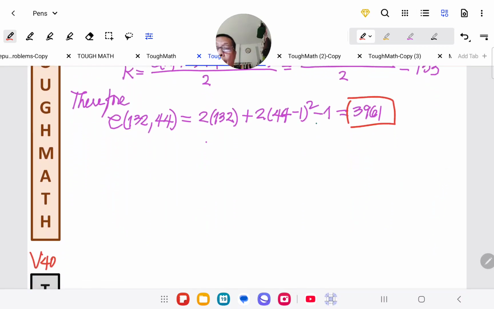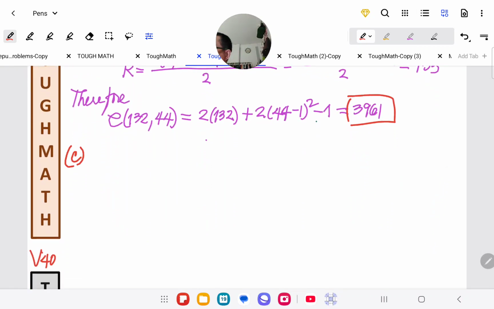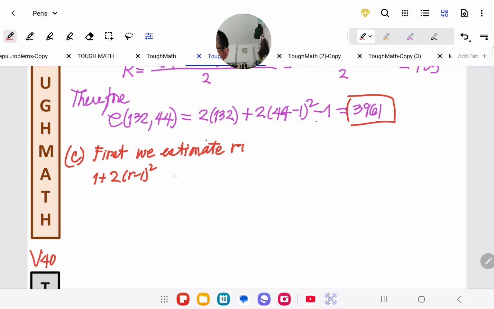And then for letter C, first we estimate R, and we have 1 plus 2 times (R minus 1) squared approximately equal to 999.